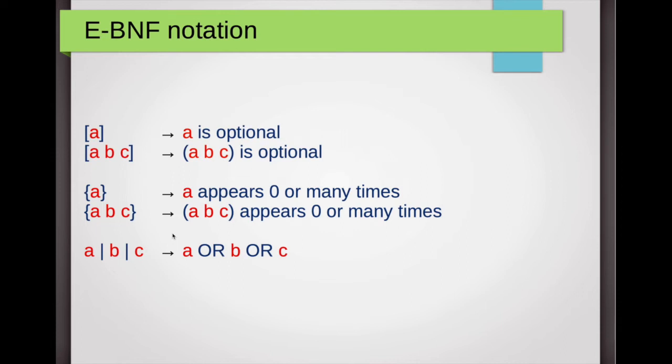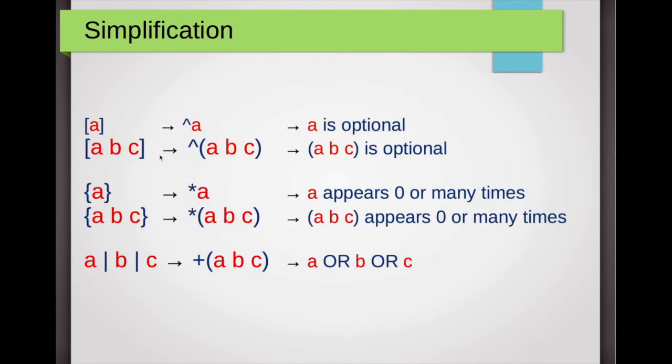So I have made a simplification, which was to separate the grouping from the operator. So I invented some signs here for the operator, and I used the already existing simple parentheses for the grouping.